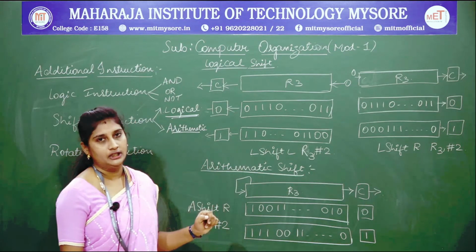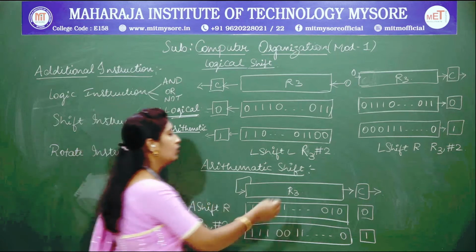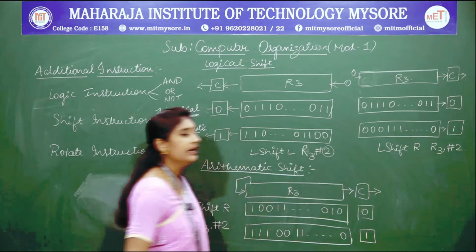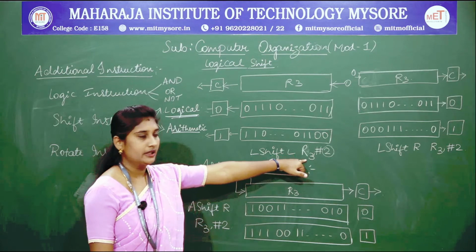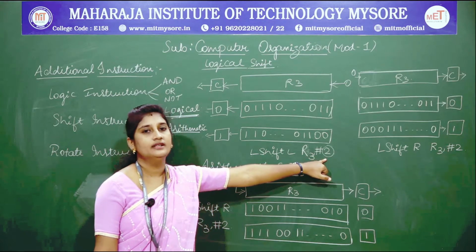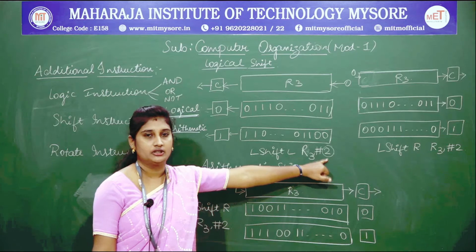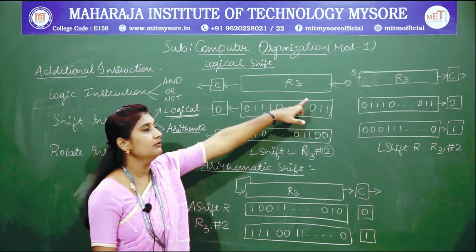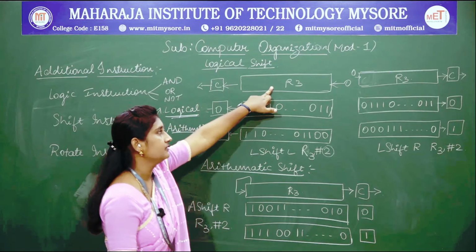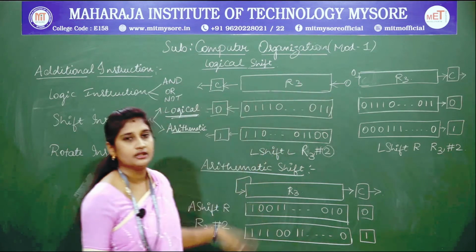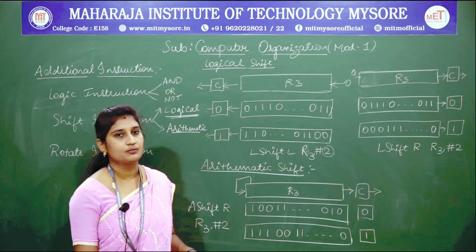How many bits I need to shift will also be specified in the instruction itself. So LShiftL R3, shift 2 bits towards the left position. The general format of shifting the operand shows the carry flag, the R3 register, and the operand being shifted towards the bit positions.